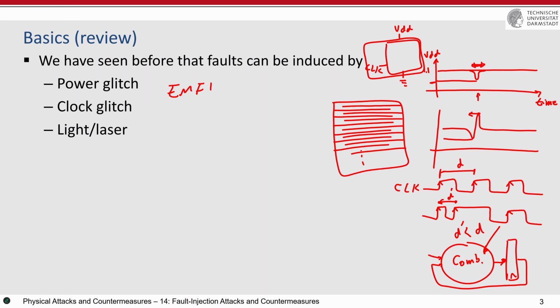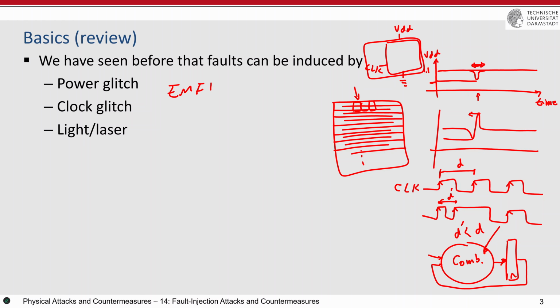This is the grid, and every gate, for example here and here, receives VDD and also ground from the metal layers. If you are injecting the electromagnetic field at the top of the chip, then you somehow inject this high voltage on the VDD lines, and you directly affect only the gates which are here, supplied by these local lines.